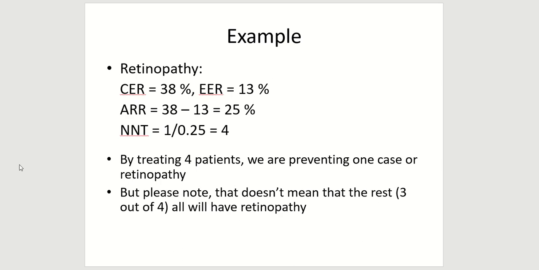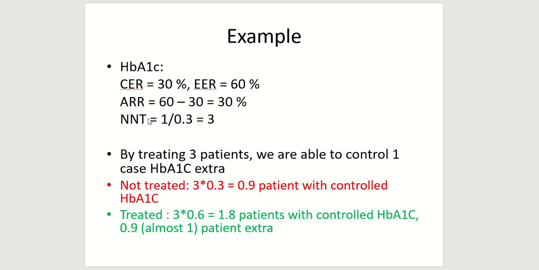So scenario number 1, the control event rate, meaning the risk in those not exposed, those not treated, would be retinopathy in 38%. Sorry, I skipped, let me go back.